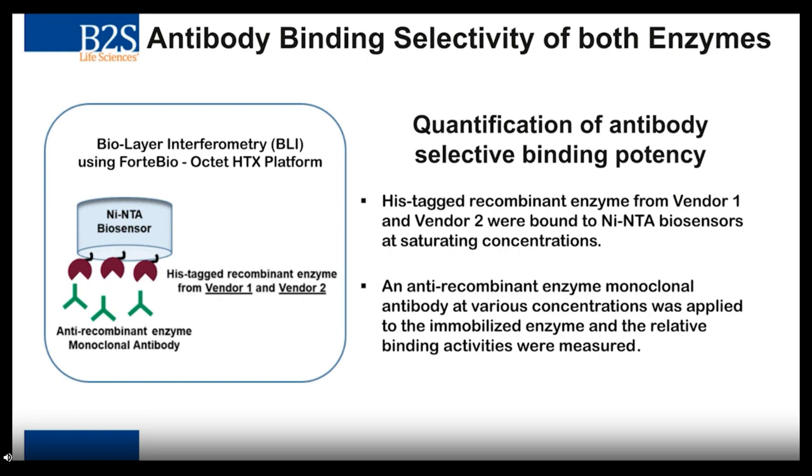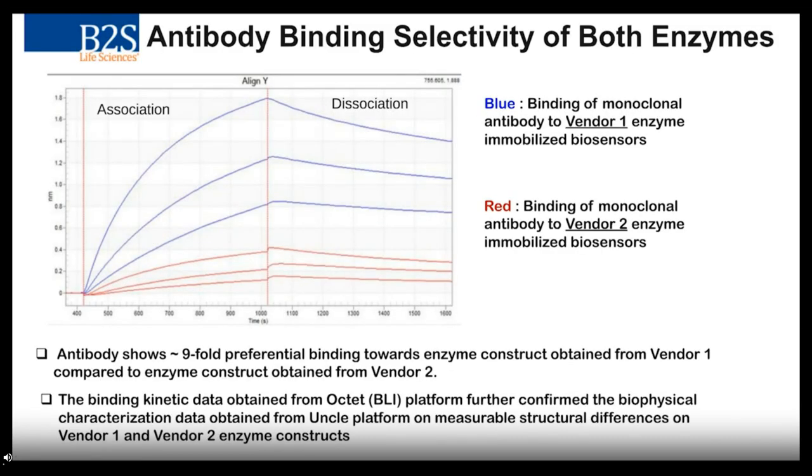In this experiment, we immobilized the enzymes from vendor 1 and vendor 2 onto a biosensor, and then supplied monoclonal antibodies against the enzyme to the biosensors and measured the interference patterns.